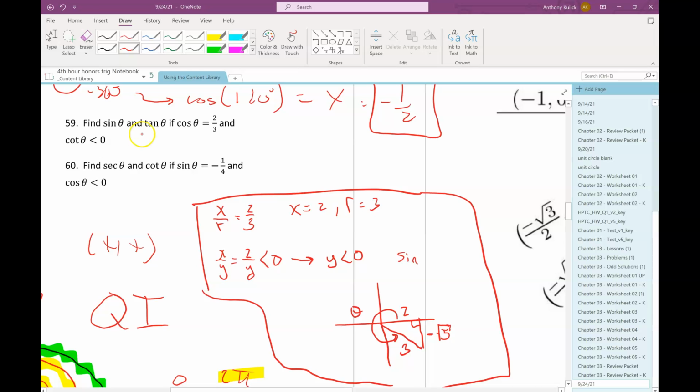Okay, it says find sine and tangent. So sine is y over r, and tangent is y over x. Okay with that?